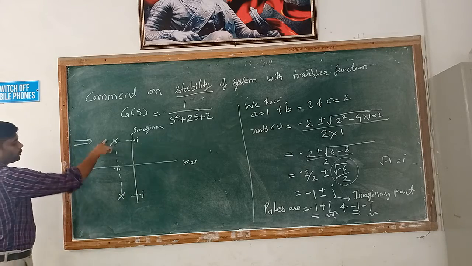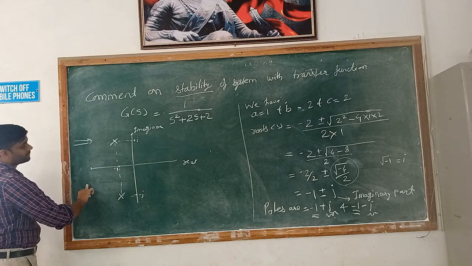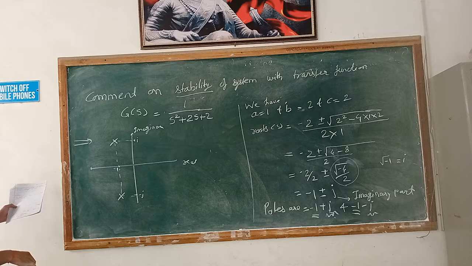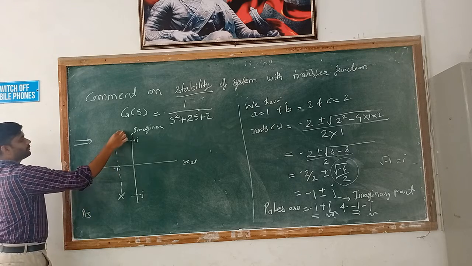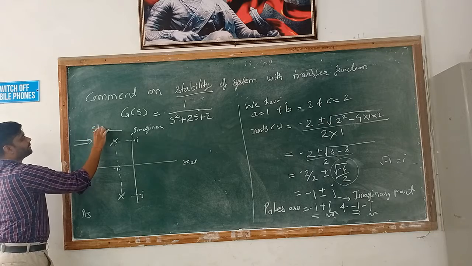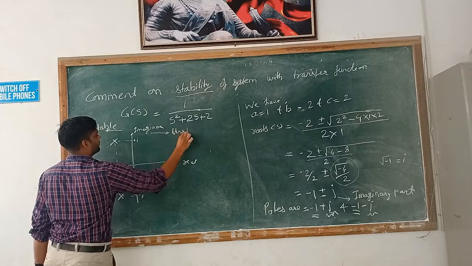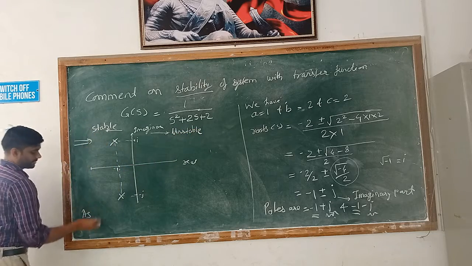As these poles are on the stable side or on the left hand side of this graph, we can say that system is stable. So here you know that this is stable region, this is unstable region. Poles in stable region.